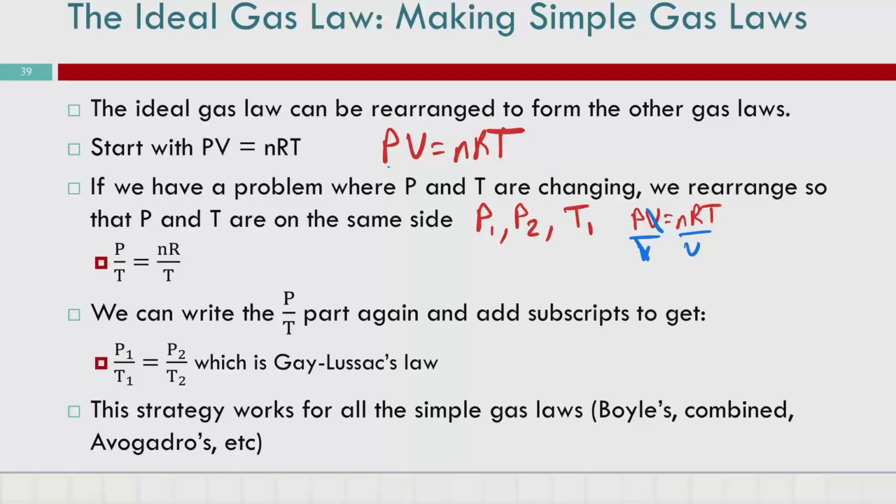We're also going to divide both sides by T. Let's do a lazy copy paste. We also divide by T. That moves the T from the right side to the left side. We end up with P over T equals nR over V.